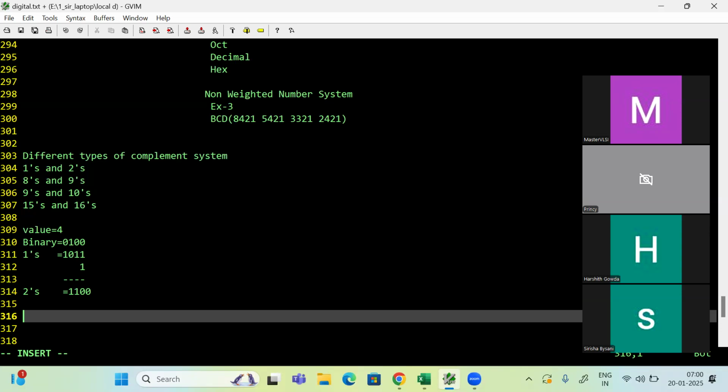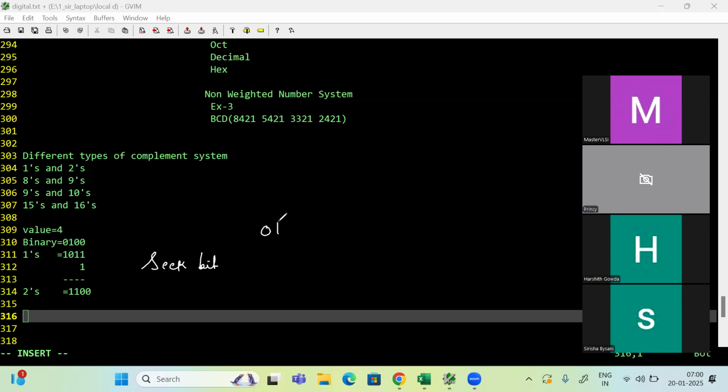See what happened. If you do it like this in GATE or any interviews, it's a waste of your time. A shortcut for this is called the sig bit. What do you mean by sig bit?